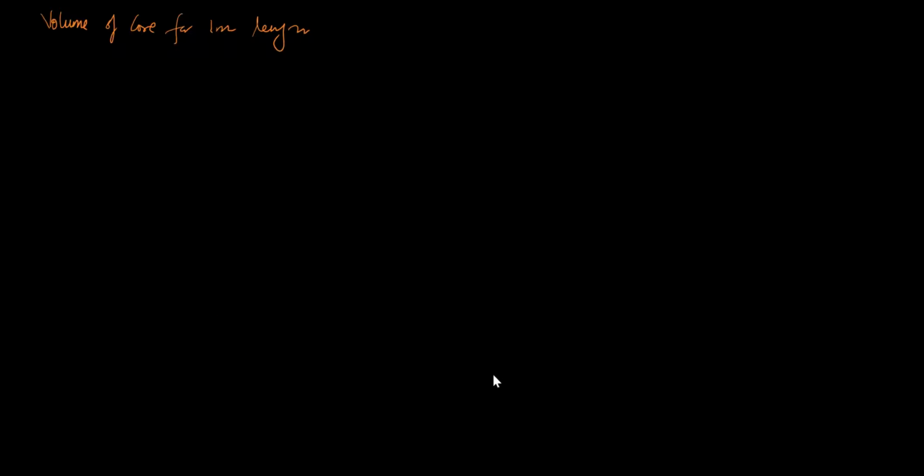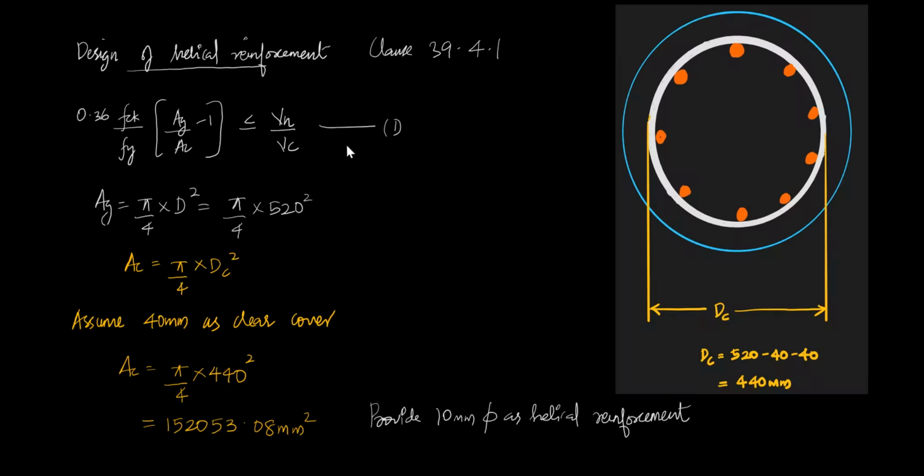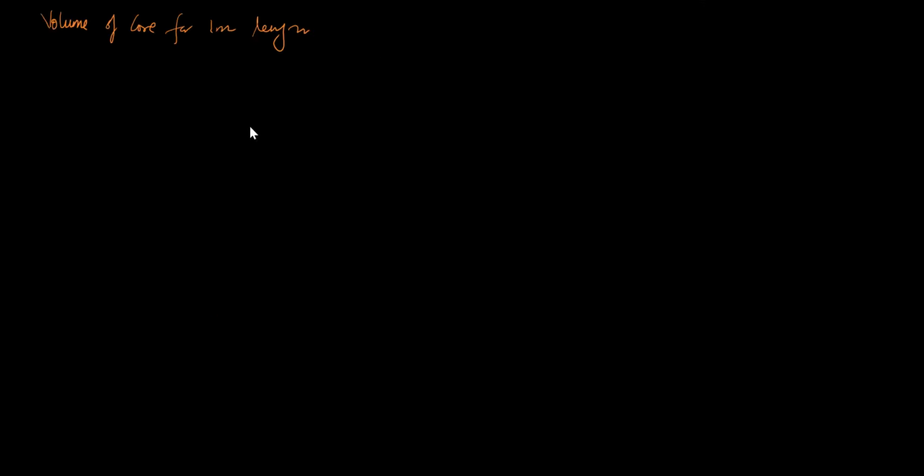Now the next one: you need to find the volume of the helix and the volume of the core. Vc is the volume of the core. Since this is a ratio, we will consider 1 meter length. So we consider the volume of core for 1 meter length and the volume of the helix for 1 meter length.